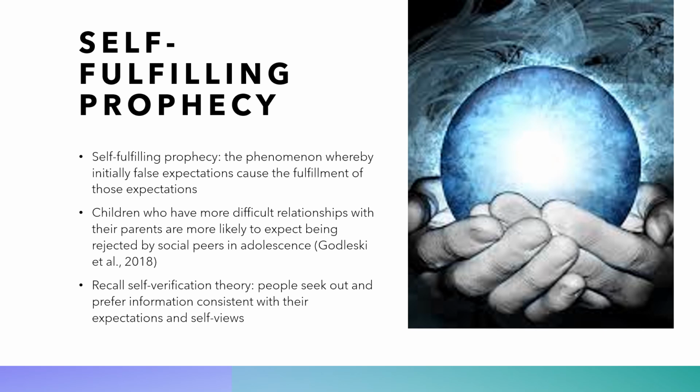So according to self-verification theory, people will prefer information that is negative if it's consistent with their self-views more than positive information that is inconsistent with their self-views. So we can expect that these children who are demonstrating this self-fulfilling prophecy, right, of being sensitive to rejection by their peers, probably would prefer to hear more negative information about themselves than positive because it would be consistent with their self-views.